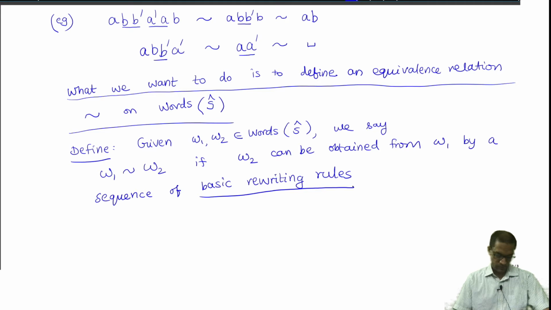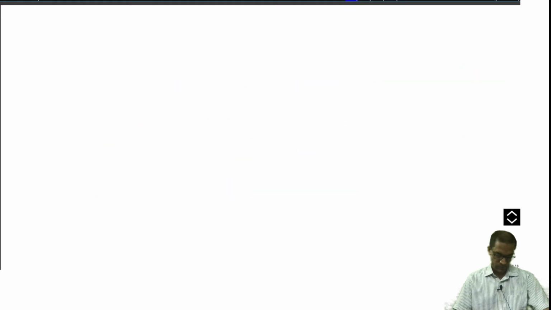So we've already seen an example of this just above. So what is a basic rewriting rule? Those are just the ones that we have talked about. So the basic rewriting rules are the following. Okay, so there are 8 basic rewriting rules. So what are the rewriting rules?